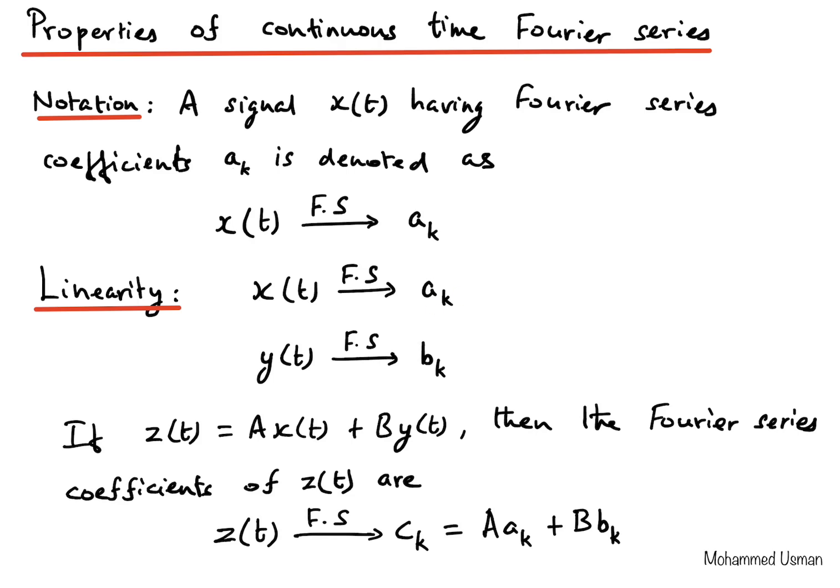The ak is scaled by the same factor, capital A, that is scaling x of t, and bk is scaled by the same factor, capital B, that is scaling y of t. So the Fourier series coefficients ck of z of t are a linear combination of the corresponding Fourier series coefficients of x of t and y of t. That is what we call the linearity property of the Fourier series.